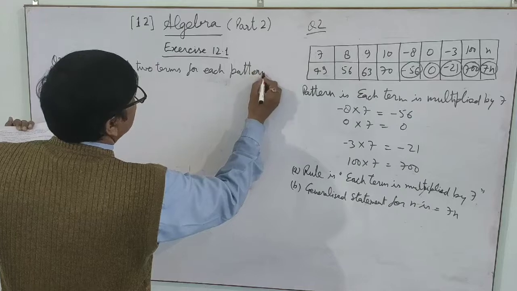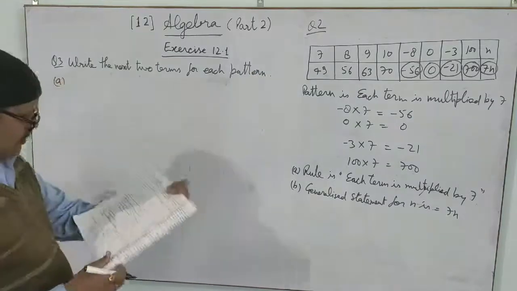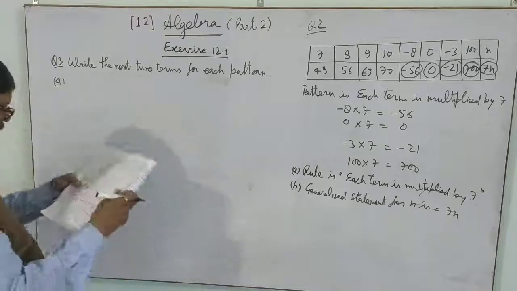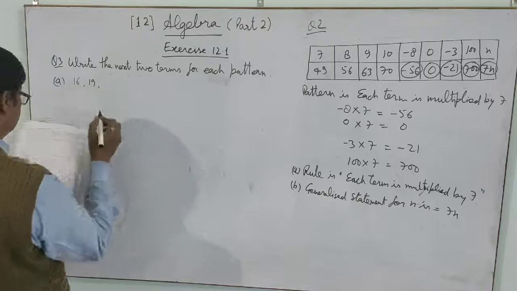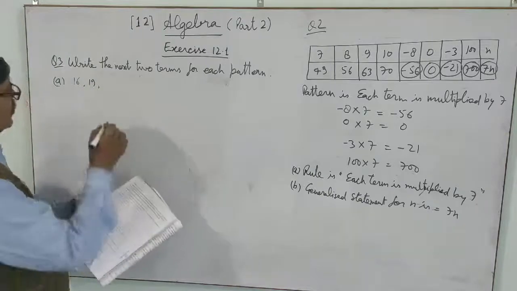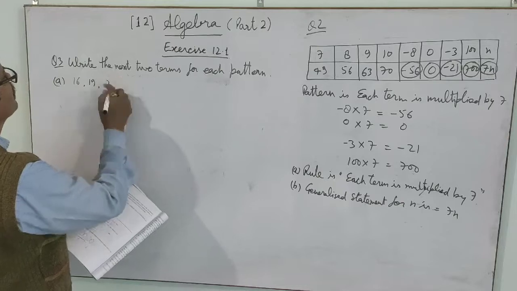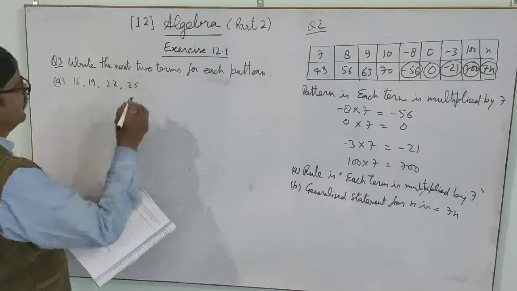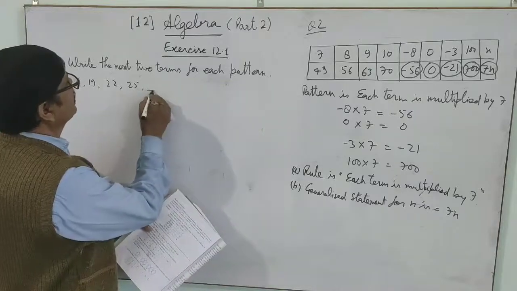A part: what is the pattern? 16, 19, 22, 25. Then the next two terms.